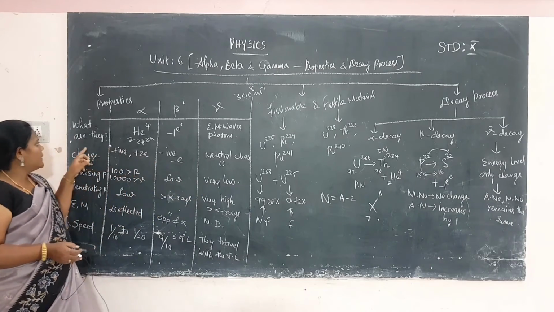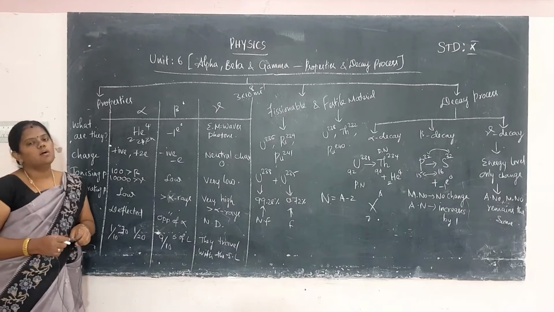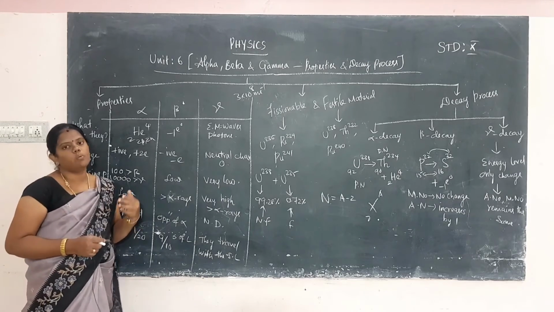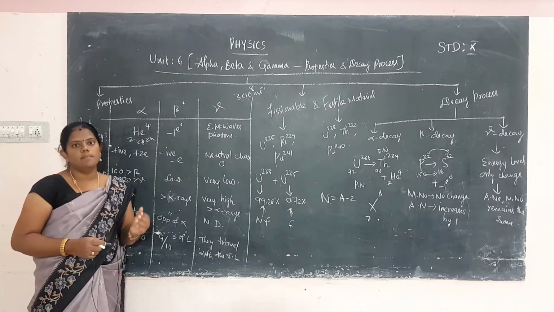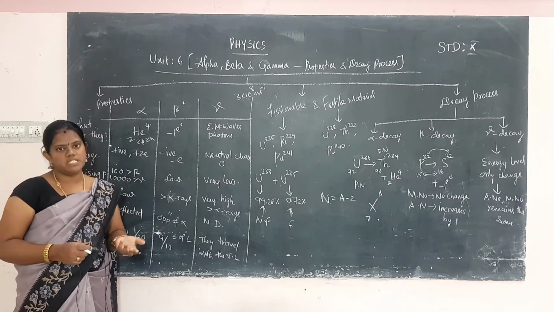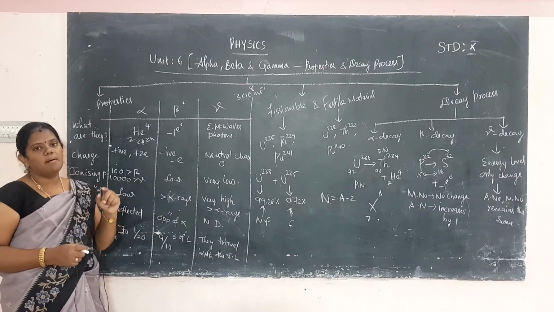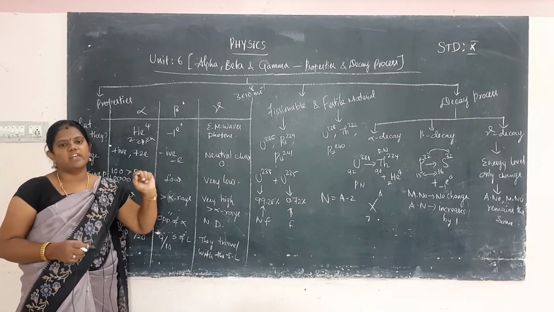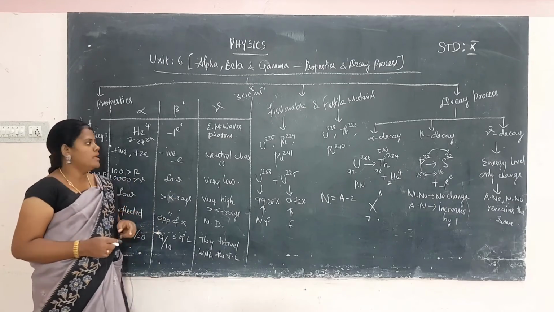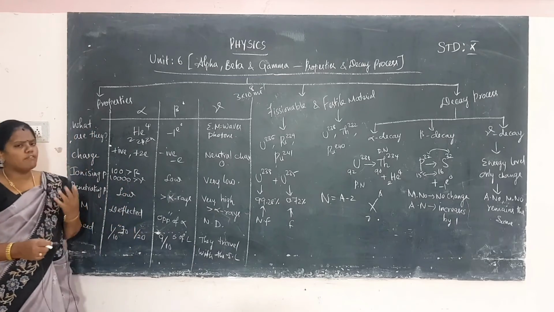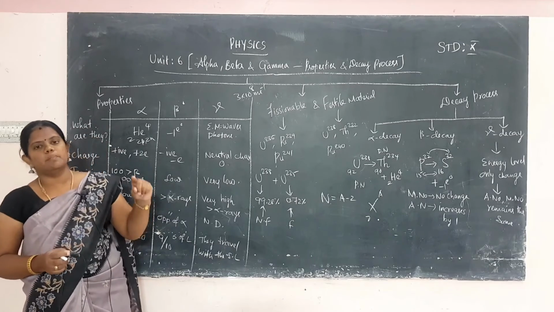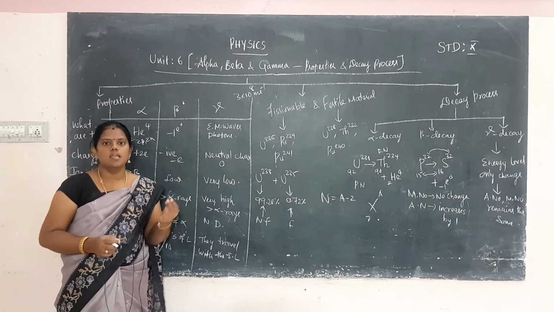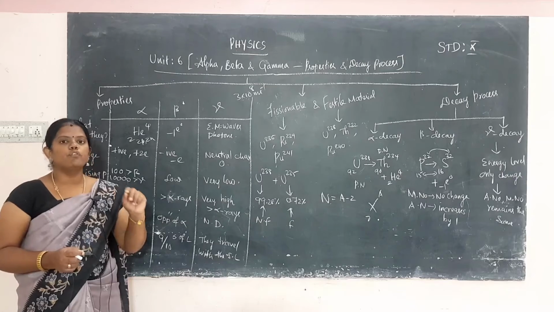First, what is alpha, what is beta, what is gamma? Helium is called alpha, electron is called beta, and gamma means electromagnetic waves. Alpha particles have 2 protons and 2 neutrons, beta particles consist of electrons, and gamma rays consist of photons.